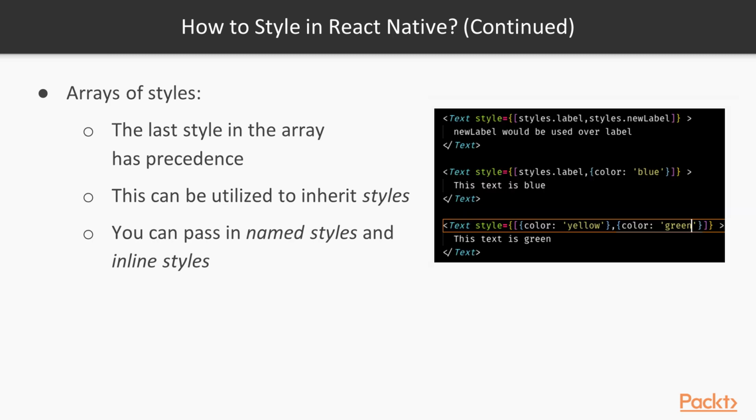On the right, you will see two named styles passed into the array. If a background color was a style in each style, the background color for the new label would be applied. The second example implements a mix of a named style and an inline style. Even though they are different, the precedence rule still matters here.